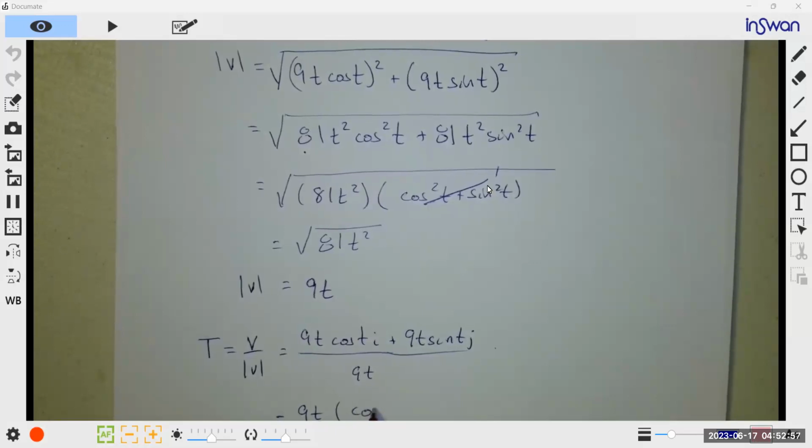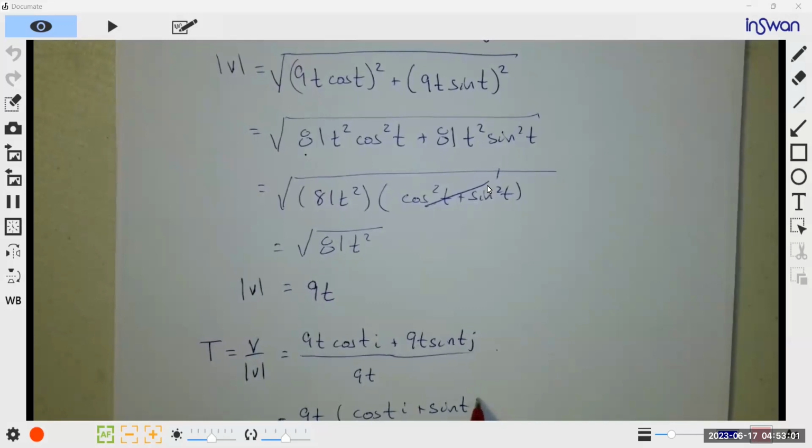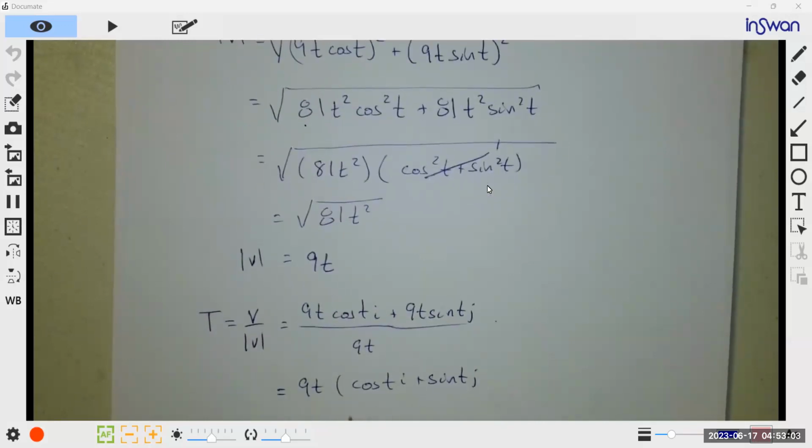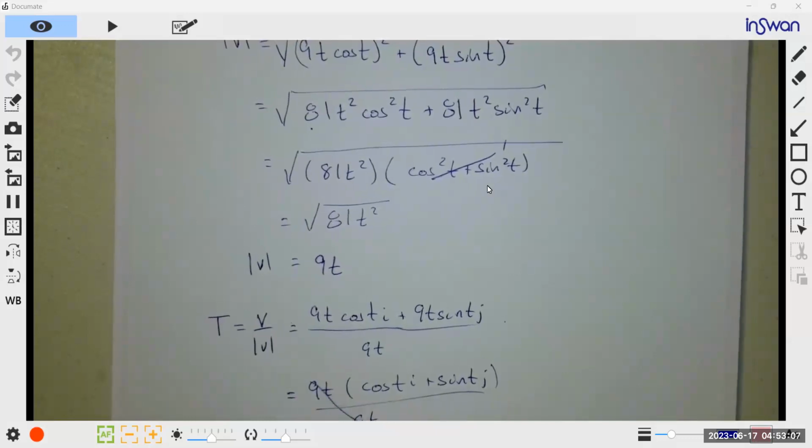So I have cosine t i plus sine t j over 9t, so the 9t's cancel.